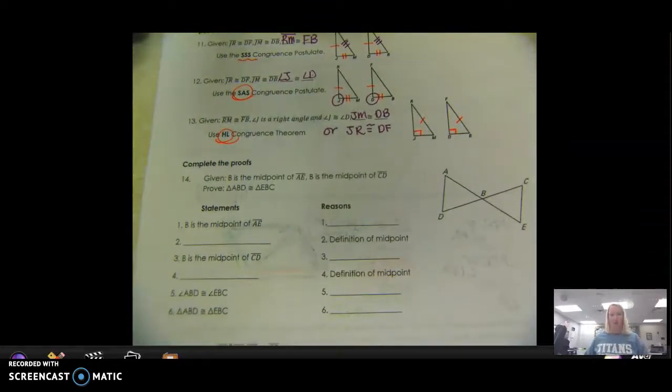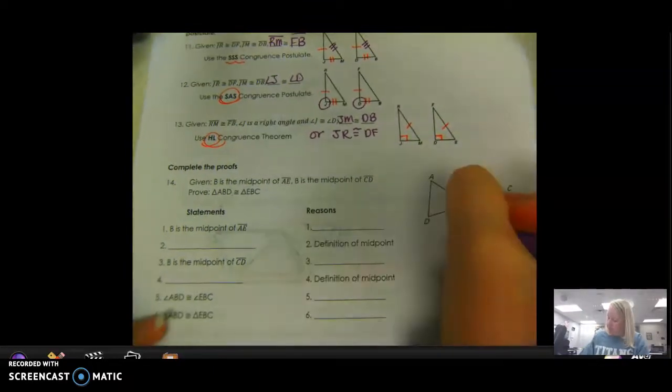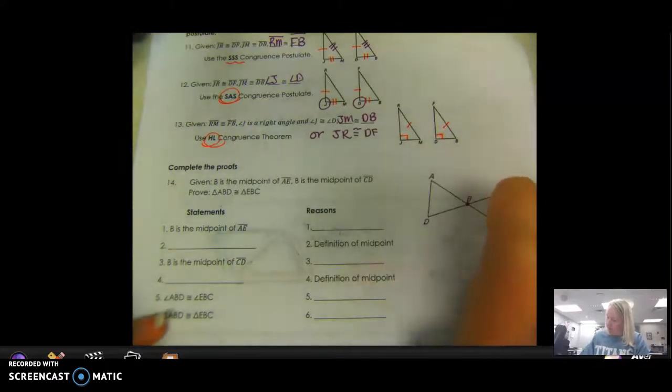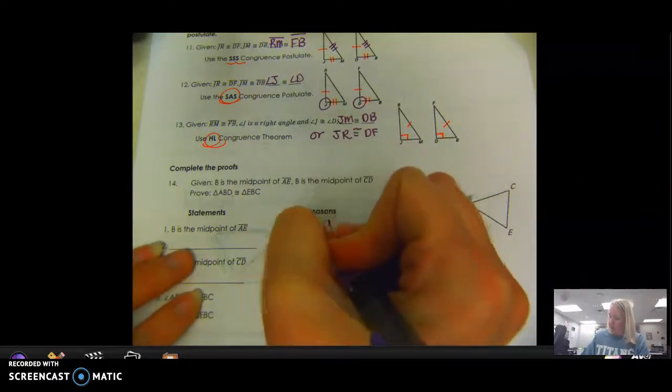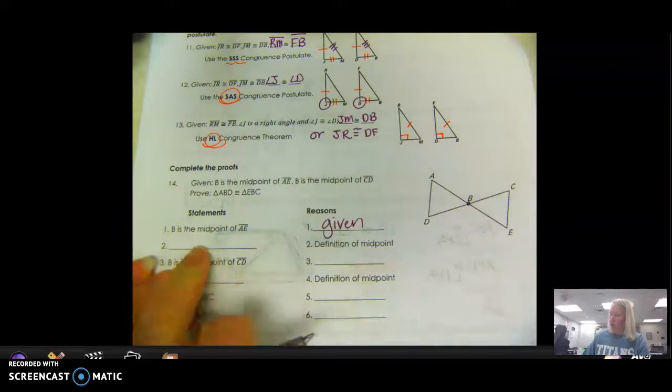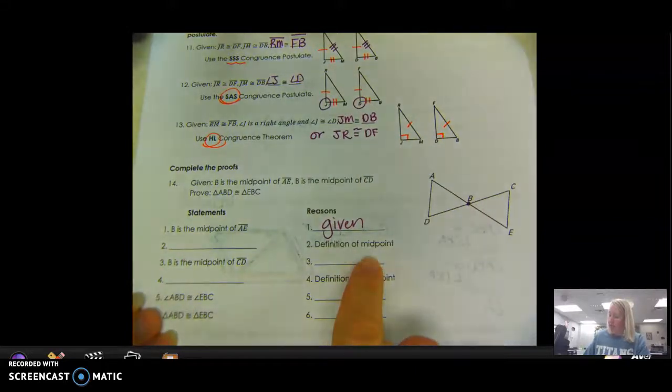Okay? Number 14, given B is the midpoint of A to E and B is the midpoint of C to D, prove that these two triangles are congruent. B is the midpoint. That means that that is a given. What do I know because of definition of midpoint?